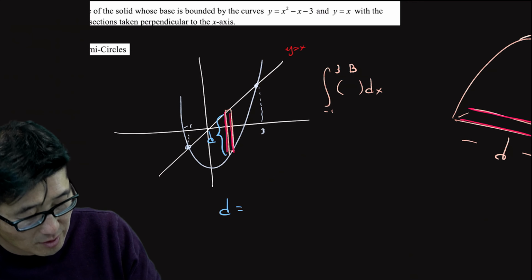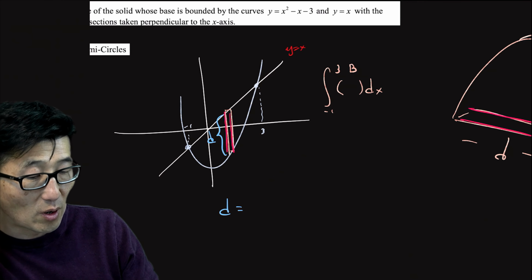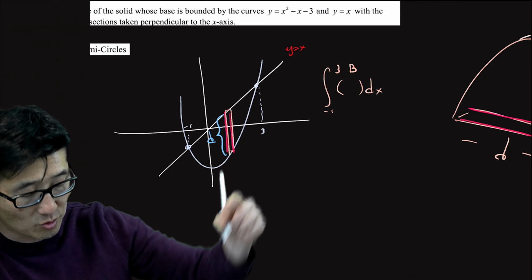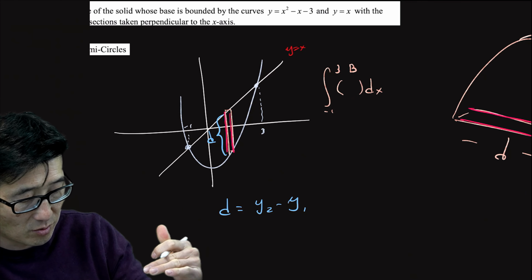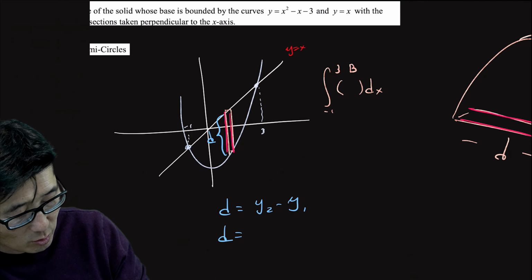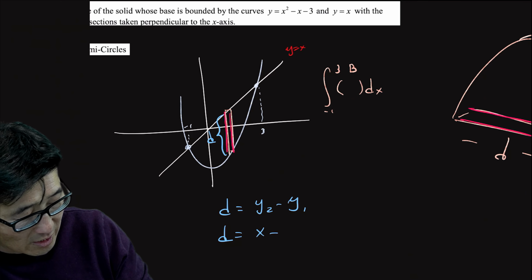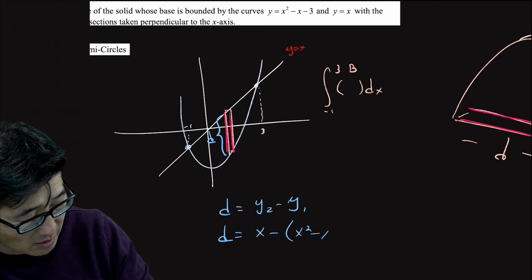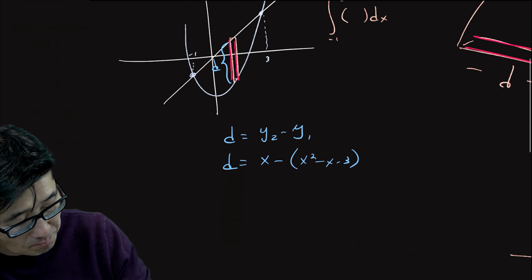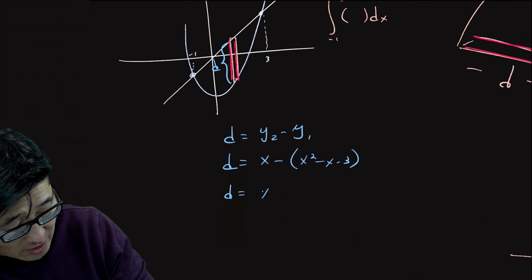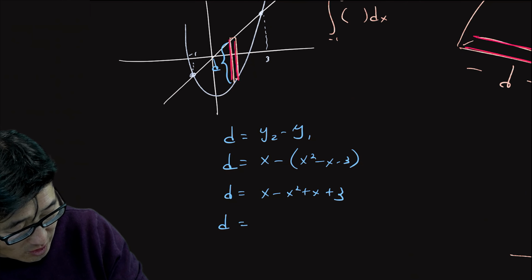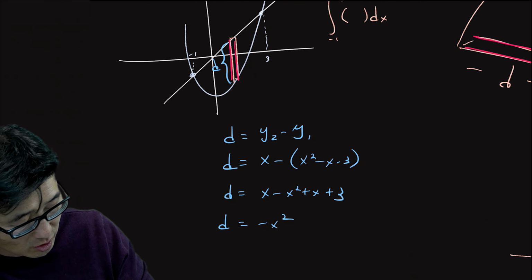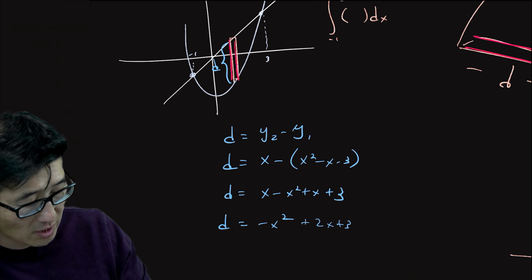My diameter will be represented with these two equations subtracted. So it'll be y2 minus y1, the upper y value minus the smaller y value. So it's going to be x minus (x squared minus x minus 3). And the diameter is x minus x squared plus x plus 3. Simplifying this out, negative x squared plus 2x plus 3.